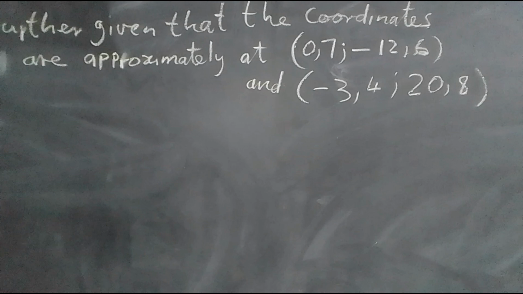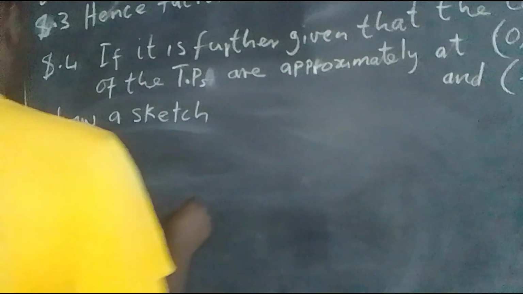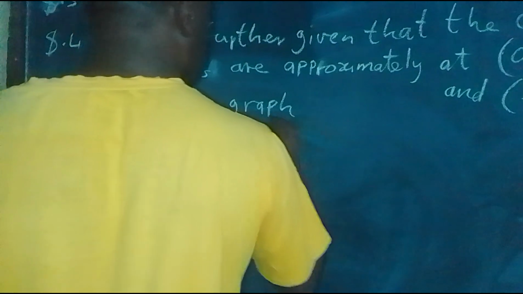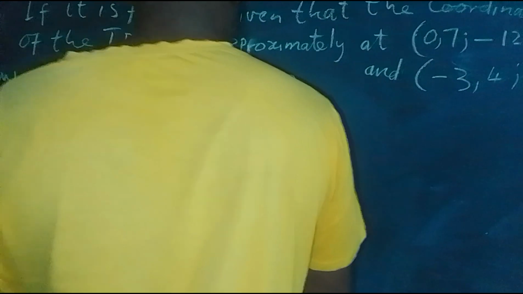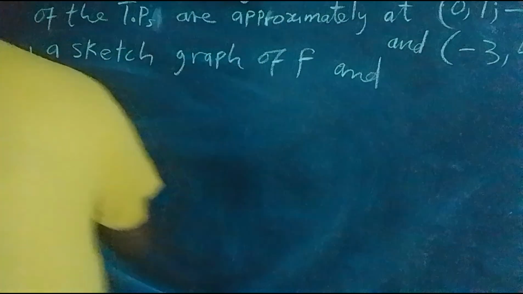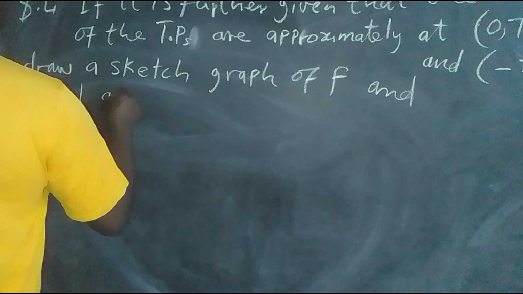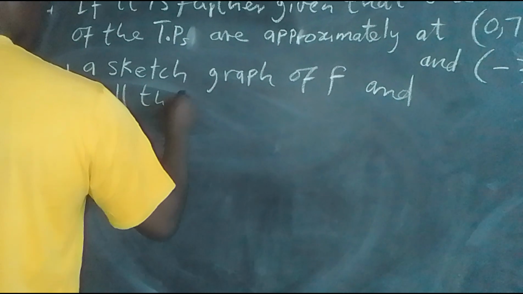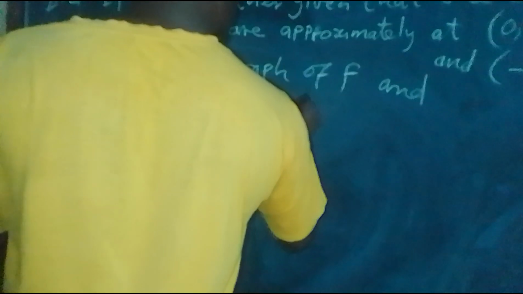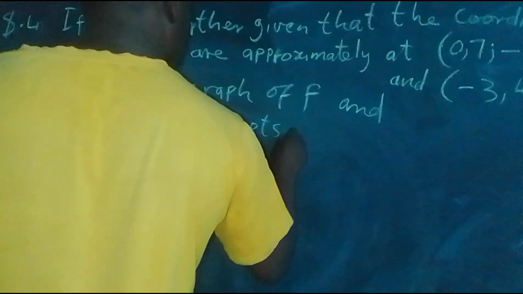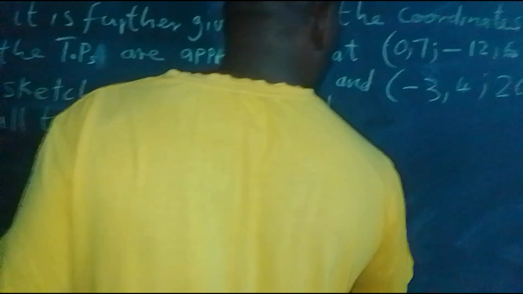Draw a sketch graph of f and label all the intercepts and the turning points.